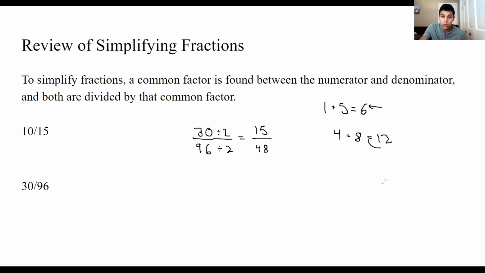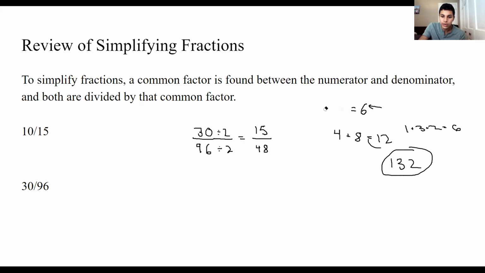Even with a larger number, for example 132, if we add the digits 1 plus 3 plus 2, we get 6. Since 6 is divisible by 3, 132 is also divisible by 3.